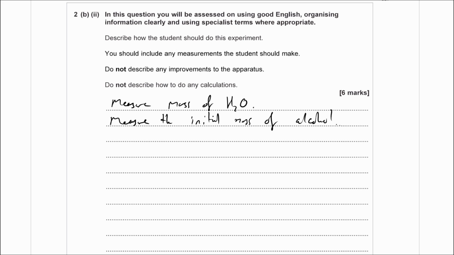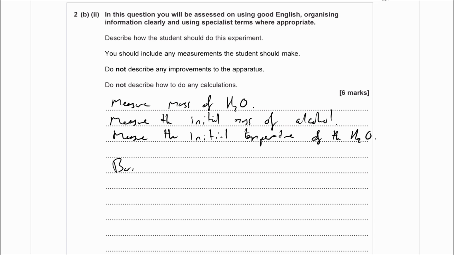All right. So after the apparatus has been set up, we can then measure the initial temperature of the H2O.